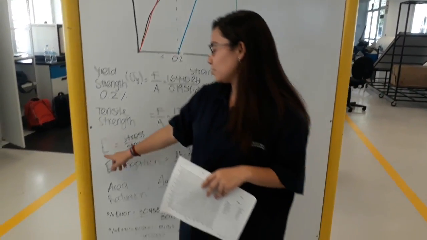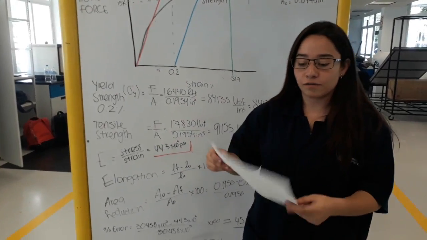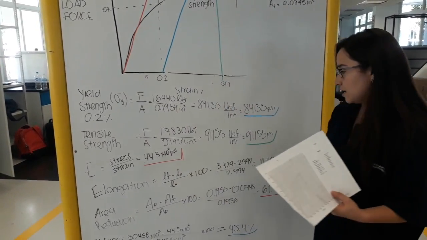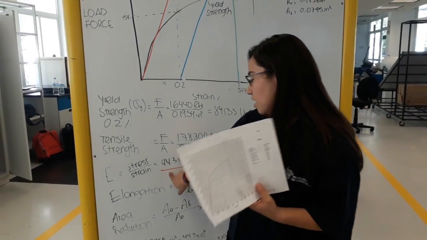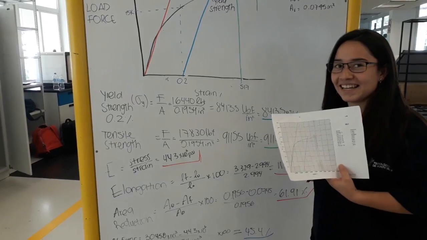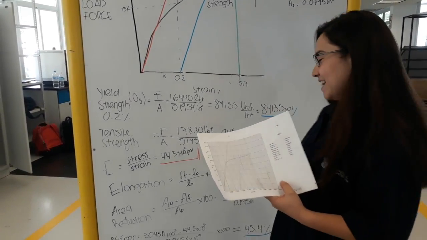For the modulus of elasticity, we got it from the graph, and it's right here, and it is 44.3 times 10 to the power of 6 psi.